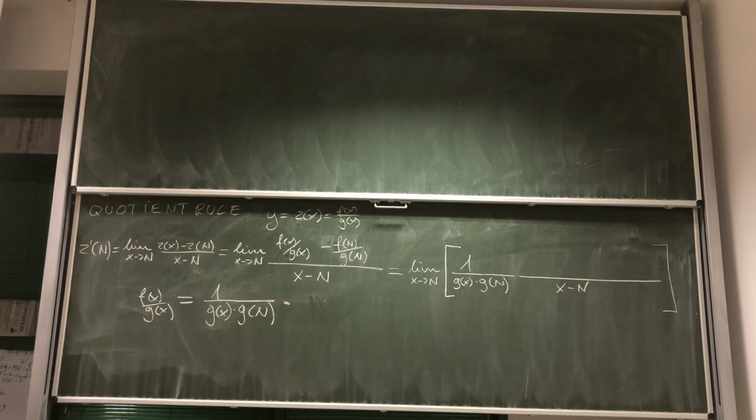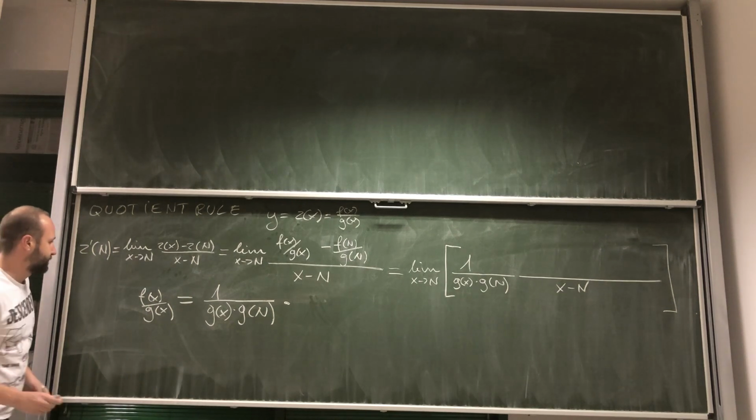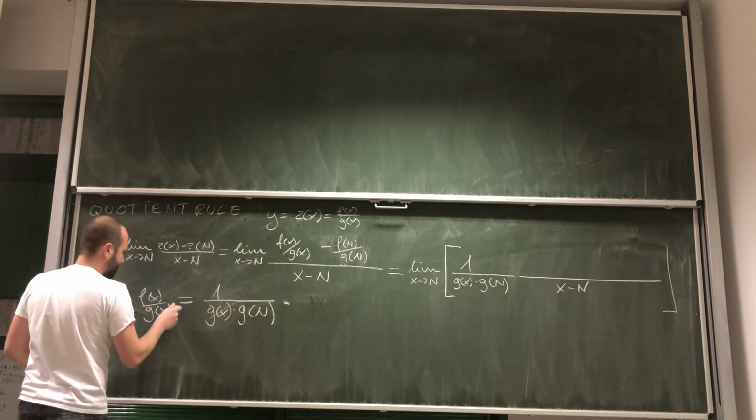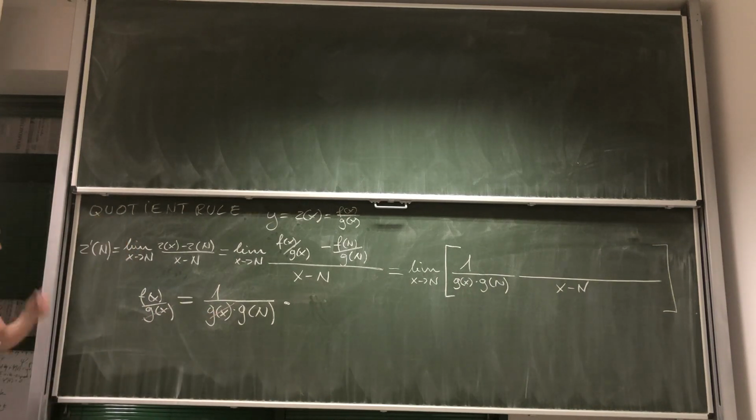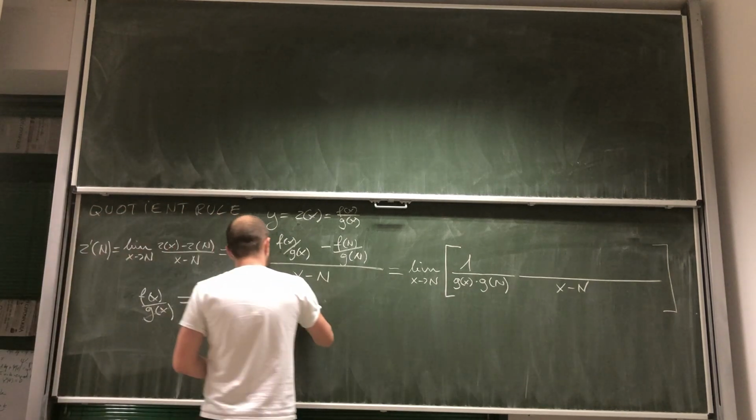Well, look, definitely those two over here are canceling each other out, right? So what I need over here for those two sides to be equal is f of x on the other hand.